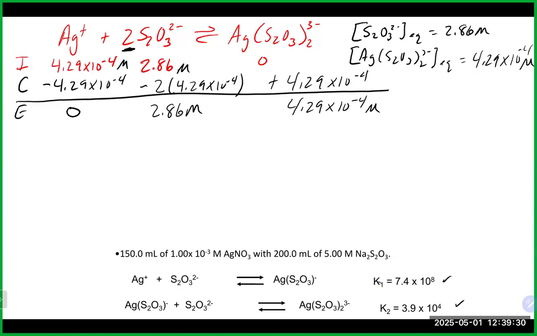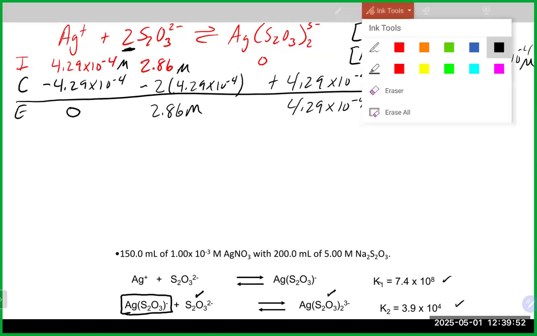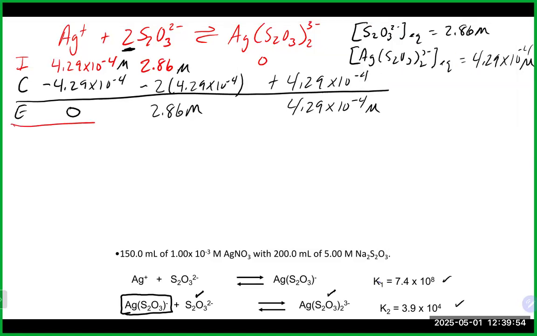And why I might want to do that is that from this ice table, I have this concentration and this concentration, which means I can use my equilibrium expression and figure out the missing concentration from it. So that is what I'm going to do. I'm going to use the K2 reaction here to figure out our missing species.